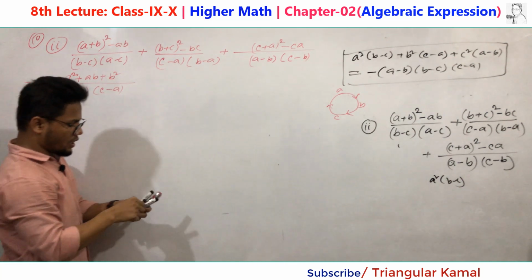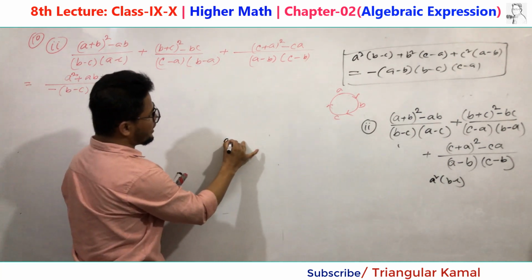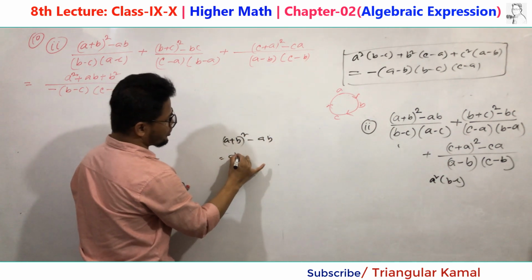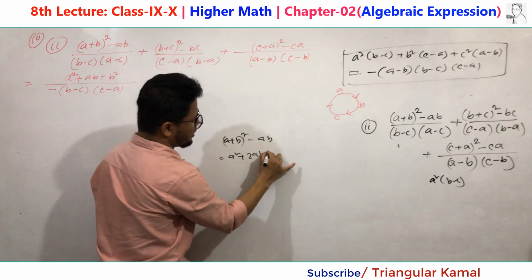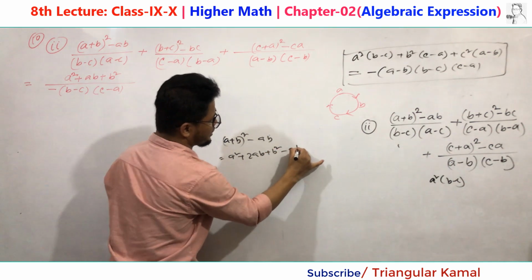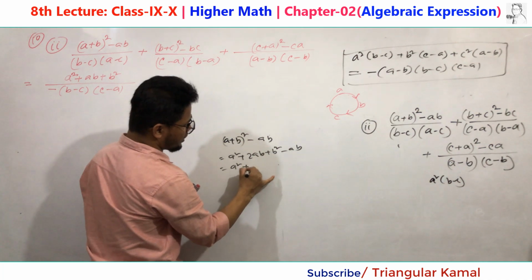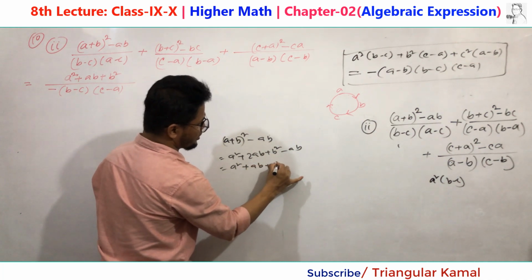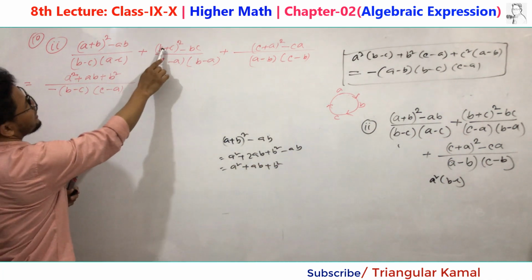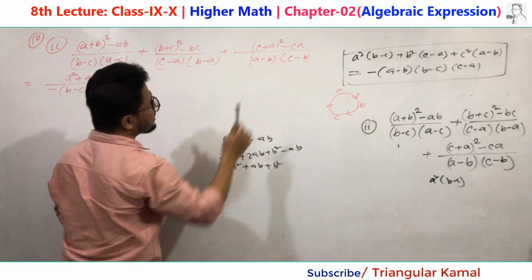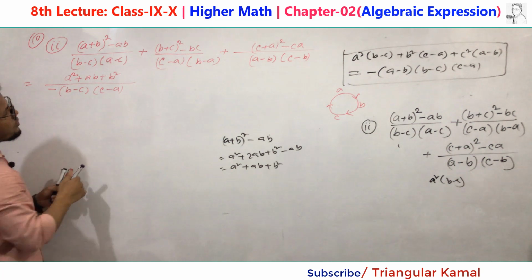Give attention again: (A plus B) whole square minus AB is A square plus twice AB plus B square, then minus AB. What will remain here? A square plus AB plus B square. Similarly, we will get B square plus BC plus C square, and C square plus CA plus A square.